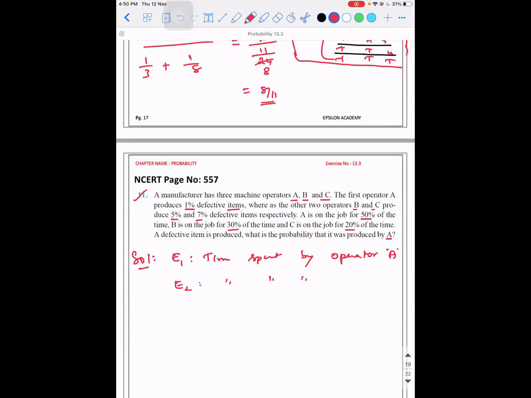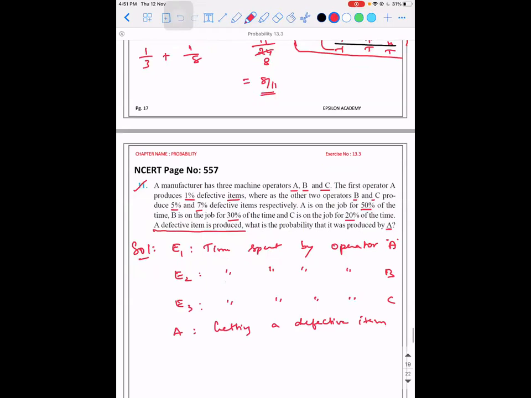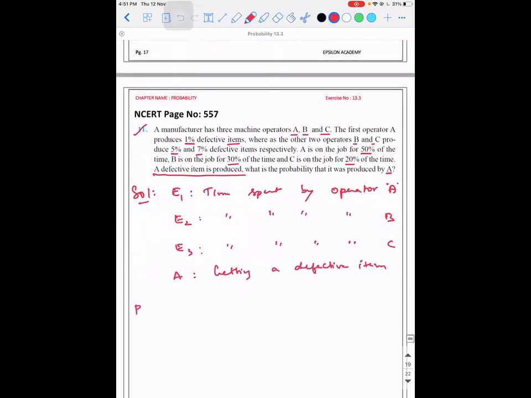Time spent by operator B. E3 is the time spent by operator C. What are they asking? You have a defective item. So event A is what? Getting a defective item. Correct? So what are they asking? What is the probability that it was produced by machine A? What is the probability that the first machine has produced it and it's a defective one?